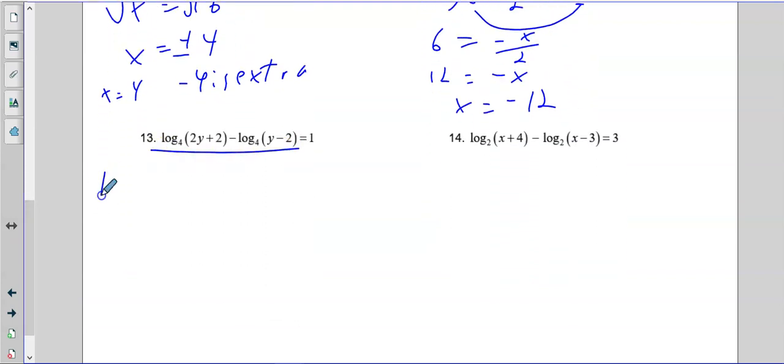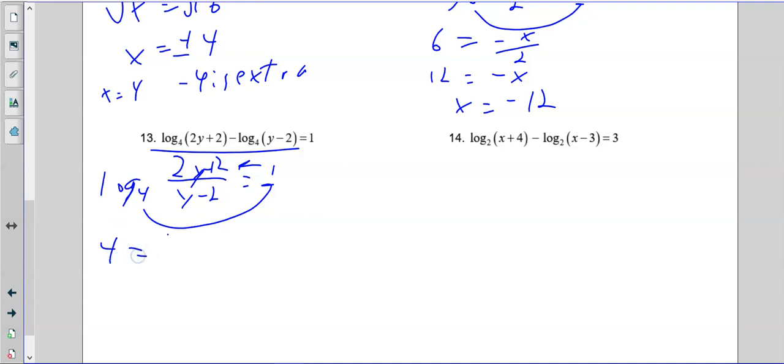Number 13, we're going to condense. Log 4, one time. Subtraction means division. 2y plus 2 on the top. At the bottom, y minus 2, equal 1. Swish and flick. 4 to the 1 is just 4. Equals 2y plus 2 over y minus 2. I did not leave myself a lot of room.